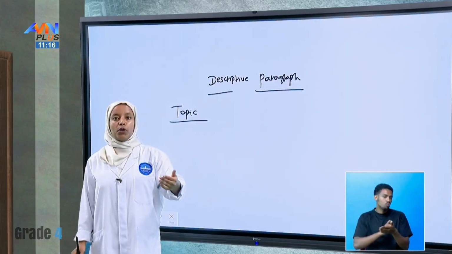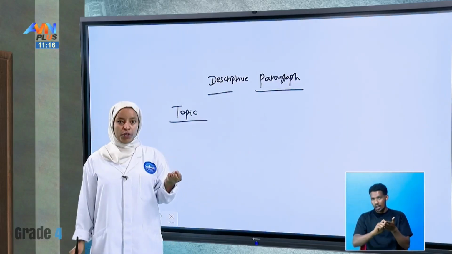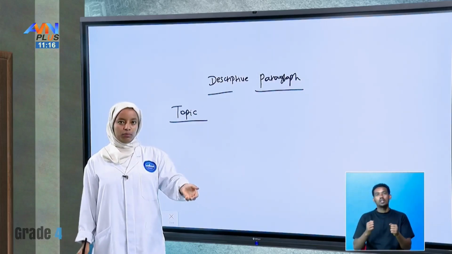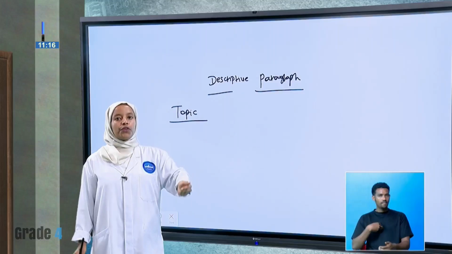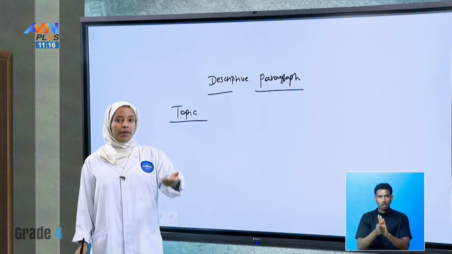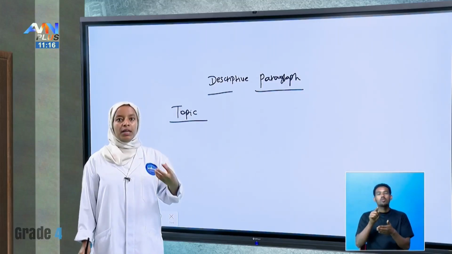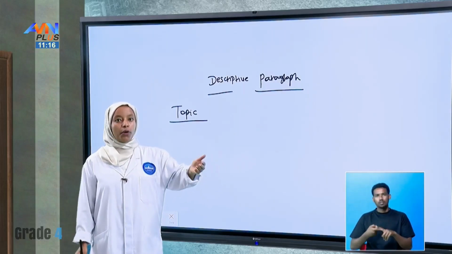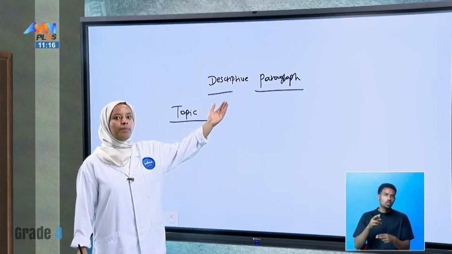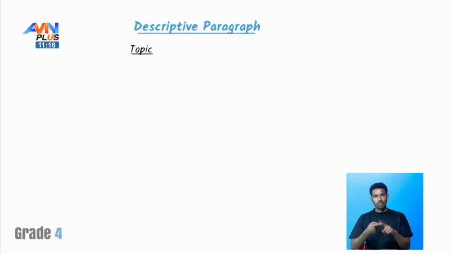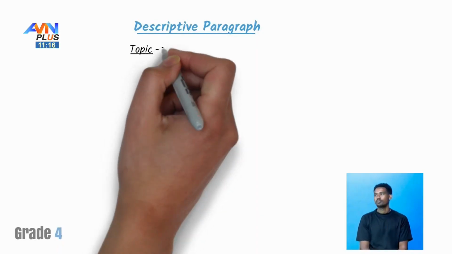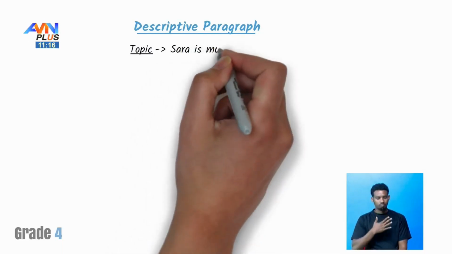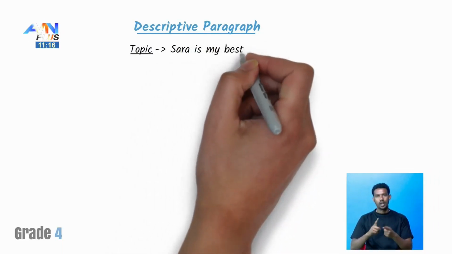For example, if you are going to write about your dog, you can easily say, I have a dog. Also you can write about your best friend, starting with her name, for example, Sarah is my best friend.